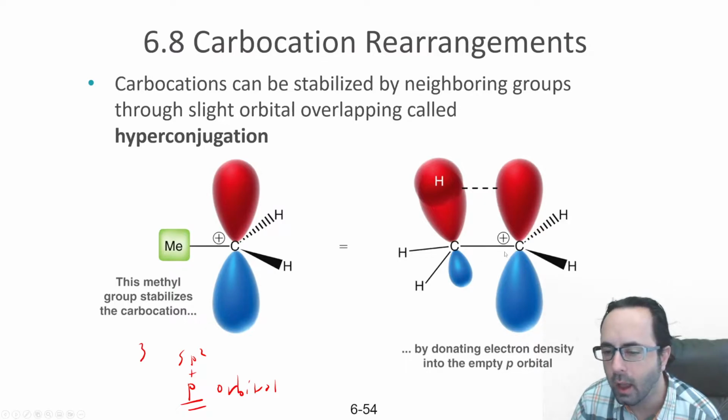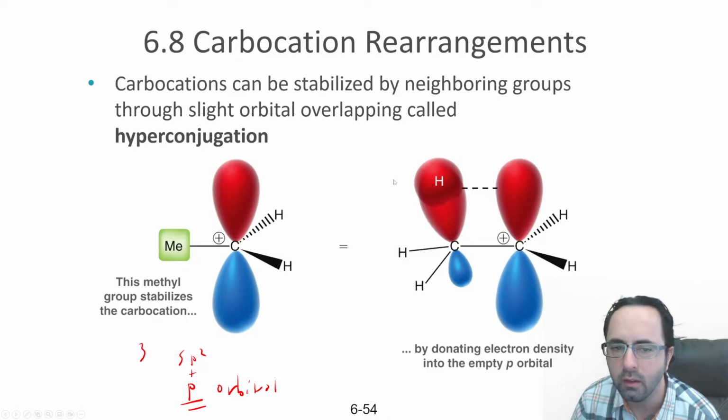Now, when you have a carbocation that is adjacent to another carbon atom, this carbon atom, you'll notice that these are very close, and this hydrogen is overlapping with this carbon's hybridized orbital. However, it's a little bit different in this situation in that the hydrogen can jump over and make a bond here to this neighboring carbon very easily by donating this electron density into this empty unhybridized p orbital.